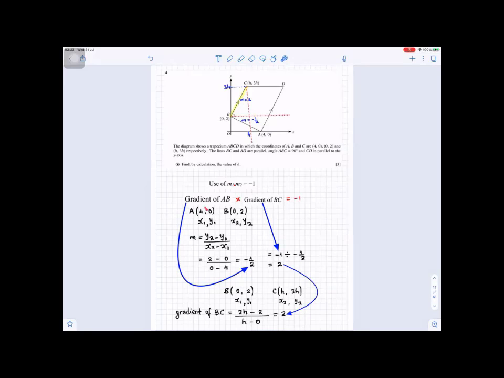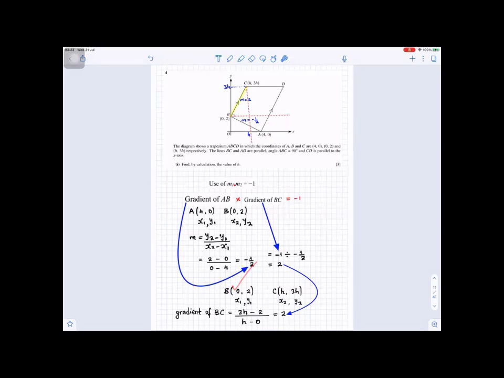We know coordinates for A and B, so that's x1, y1, x2, y2. The gradient is given by that formula. So it's 2 minus 0 divided by 0 minus 4. So the gradient is minus a half. And minus 1 divided by minus a half gives you 2.